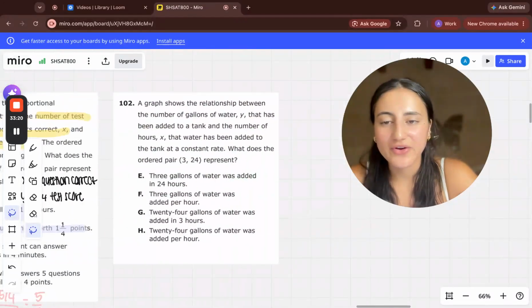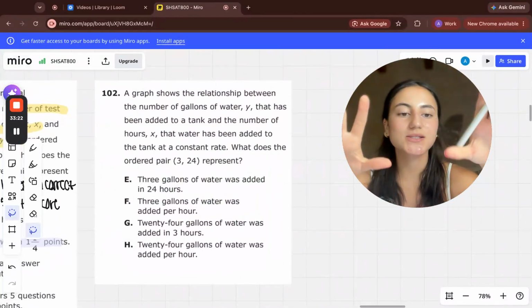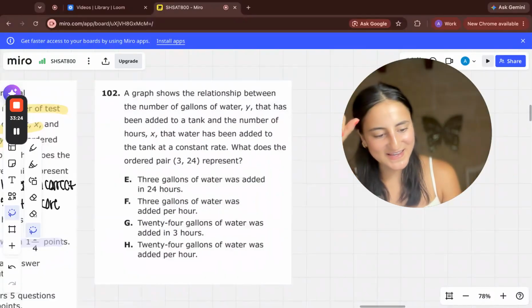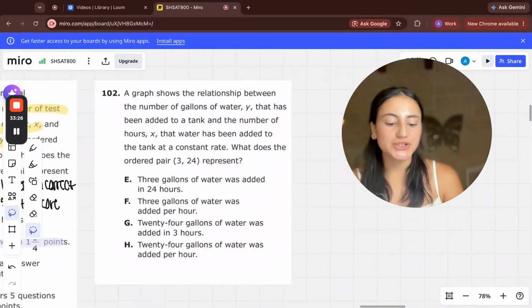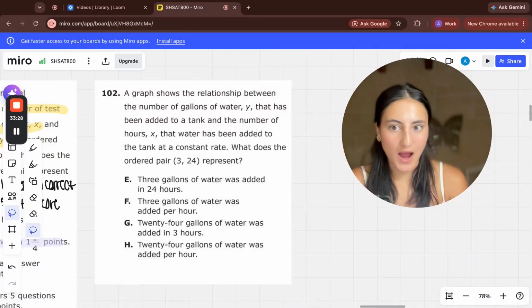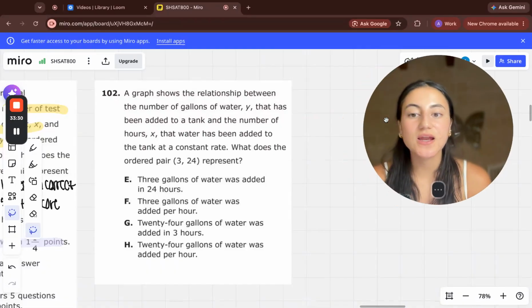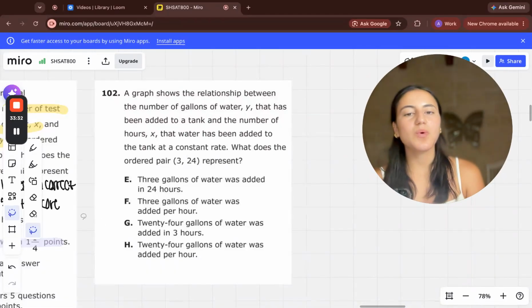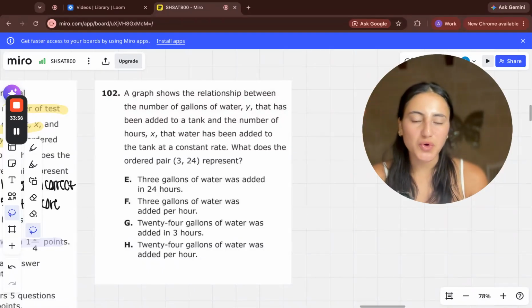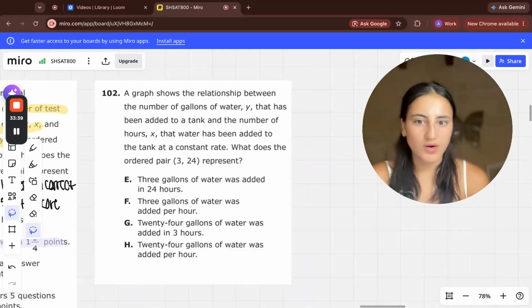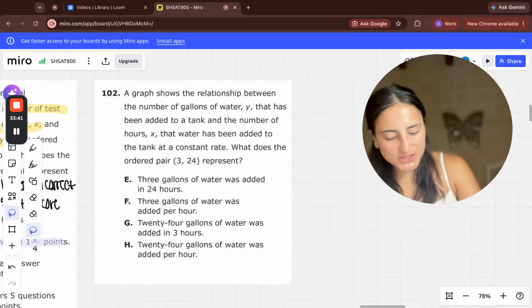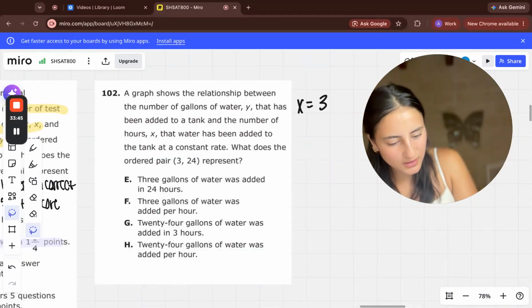Okay, very last question, and then I can stop yapping. A graph shows the relationship between the number of gallons of water, Y, that has been added to a tank and the number of hours, X, that water has been added to the tank at a constant rate. What does the ordered pair (3, 24) represent? So once again, I think it's easiest to write it out: when X is equal to 3, we know the number of hours.